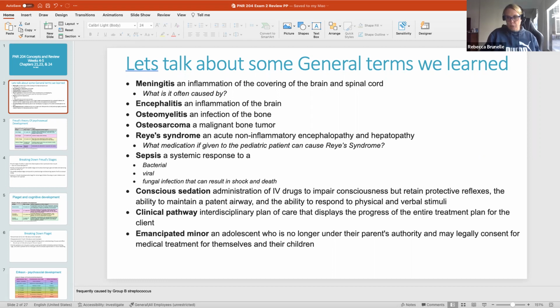And then Reye's syndrome is an acute non-inflammatory encephalopathy, so cognitive dysfunction, and hepatopathy, so liver dysfunction. It is preceded by giving aspirin to children that have a viral febrile illness.